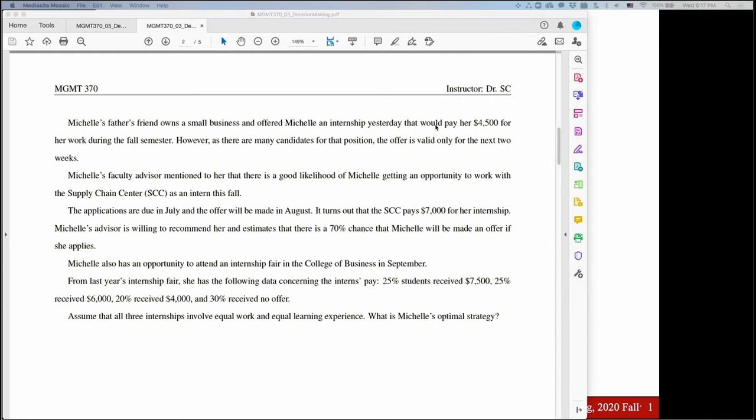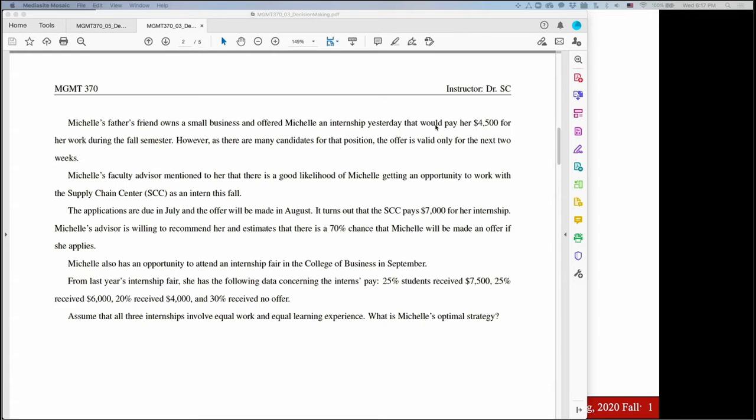But for this case, there is no other possible scenario. So Michelle can accept this offer or not. So there is only a decision node at this point, and there is no probability or event case.